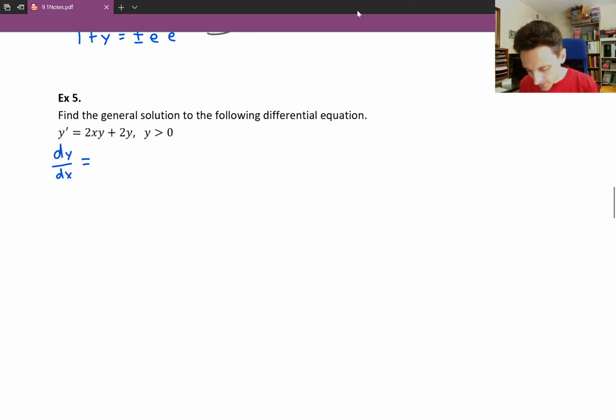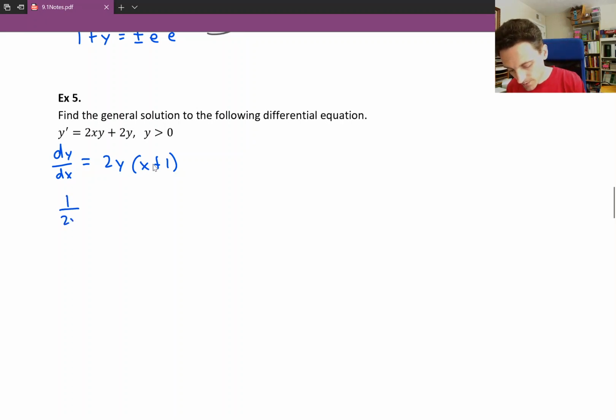We can look at the right hand side and think, okay, we have a common factor of y and a common factor of 2 for that matter. So if we factor out the 2y, now at least we've got the 2y and the x plus 1 multiplied together on the right hand side. So now what we could do is divide over whatever y's we have and then multiply the dx over to the right, and then we will have separated the x's and the y's.